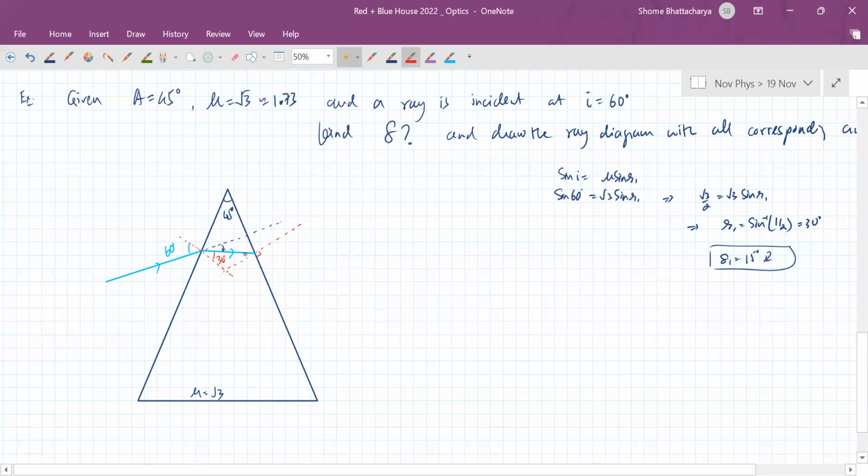So this angle of incidence here will become 15 degrees. So now again we'll use Snell's law to find out the angle of emergence. And then we are done once we have found the angle of emergence, this angle here.